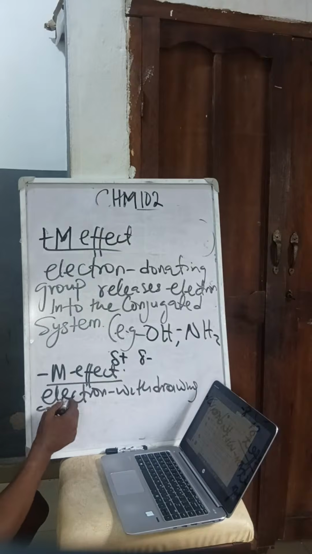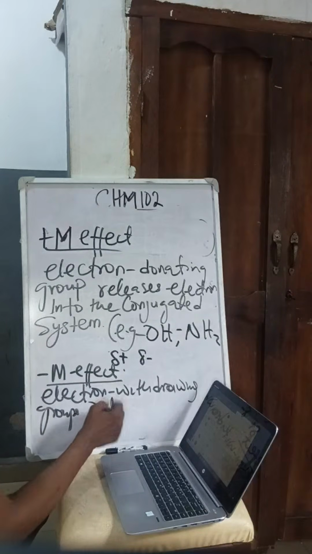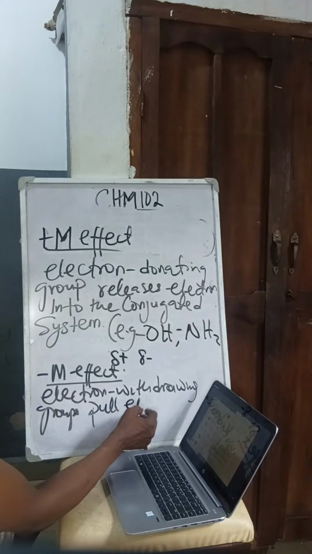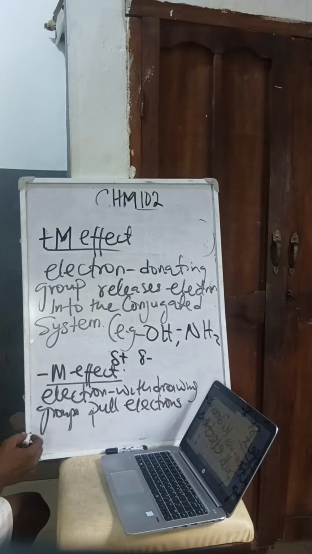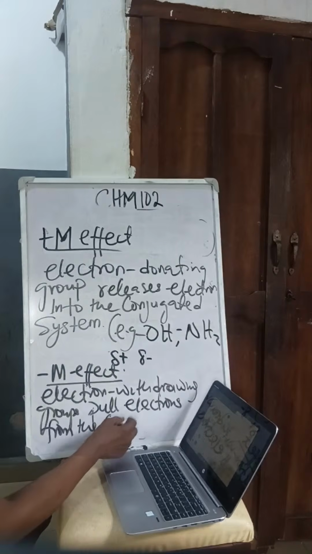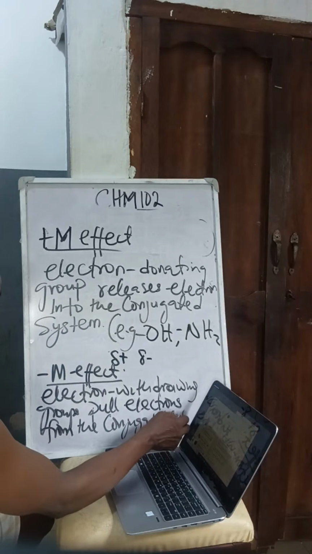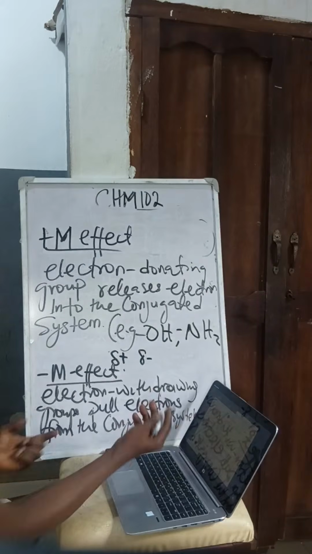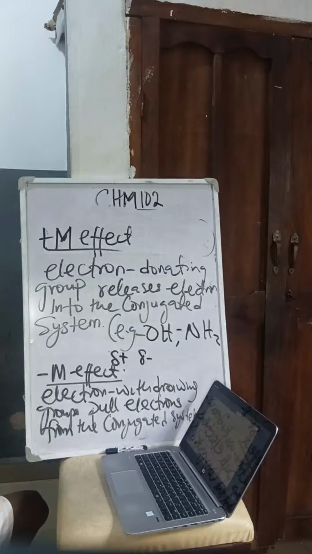Good. So these are electron withdrawing groups. Okay, they pull electrons away from the conjugated system. They pull electron away from the conjugated system to themselves.